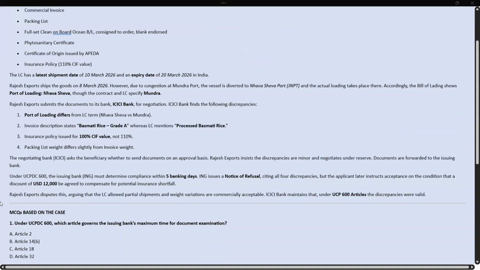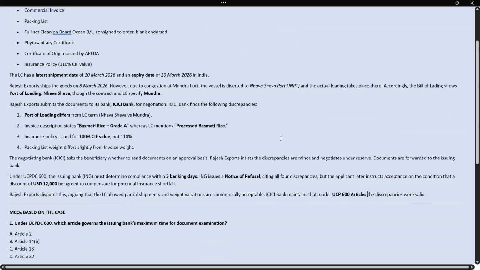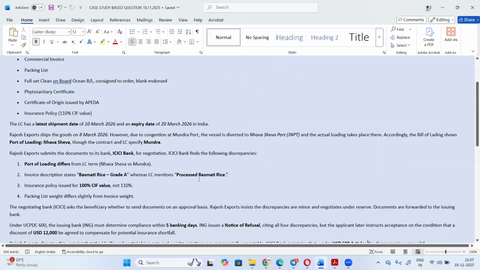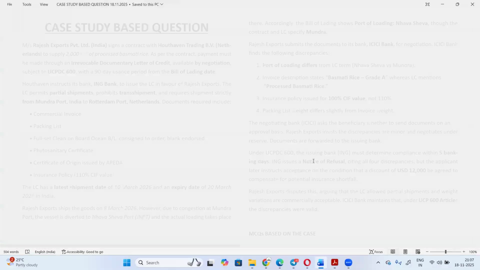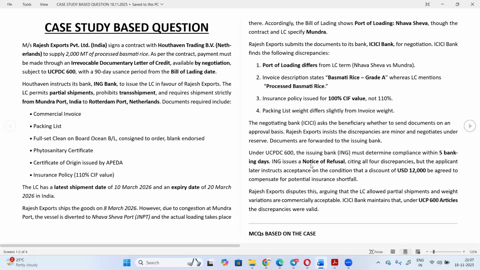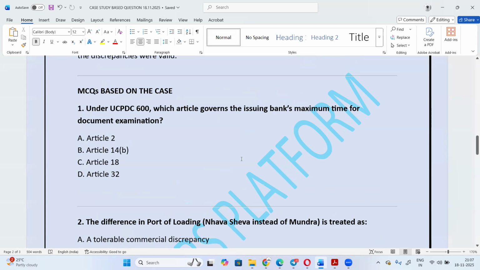So the first question is: under UCPDC 600, which article governs the issuing bank's maximum time for document examination? So now we will see here on the big screen.